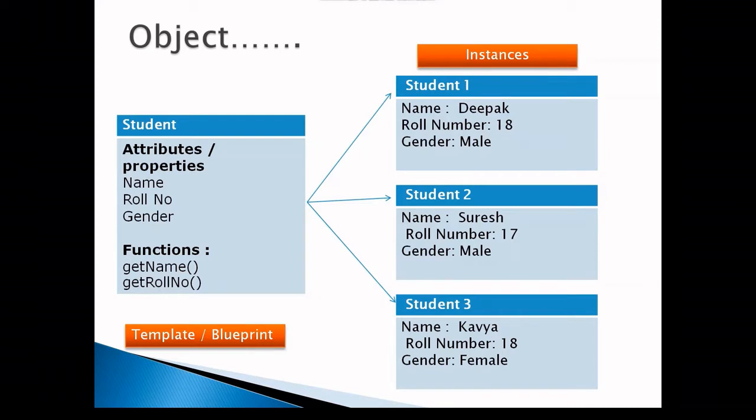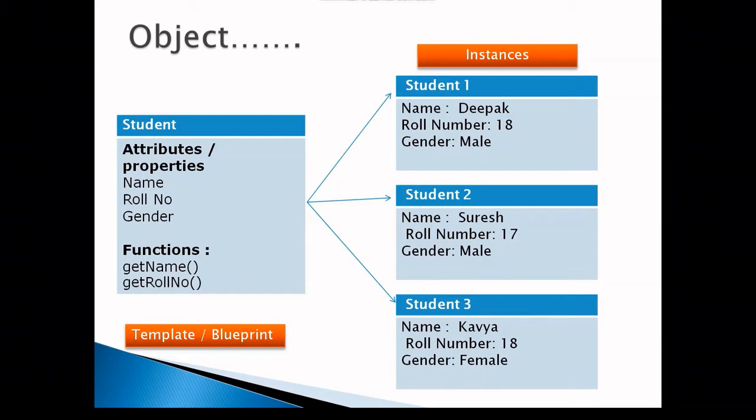So this is the template of a student, and from this template we can get a number of students, a lot of students, like instances. In short, we can say that the blueprint is a class, and we can get different instances from that class. So here we can say that student is a blueprint, and from this student we can get multiple instances, like student 1, student 2, student 3.